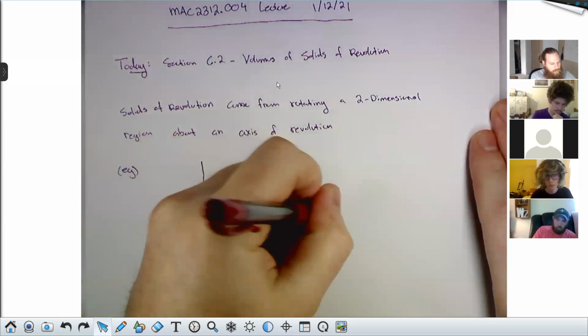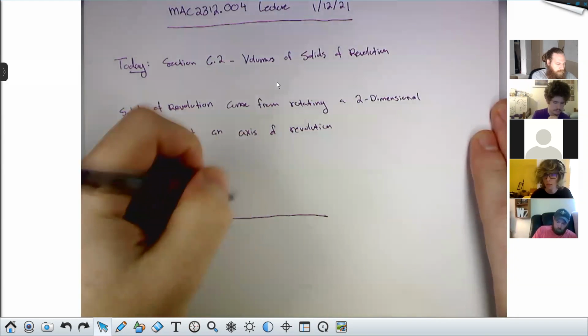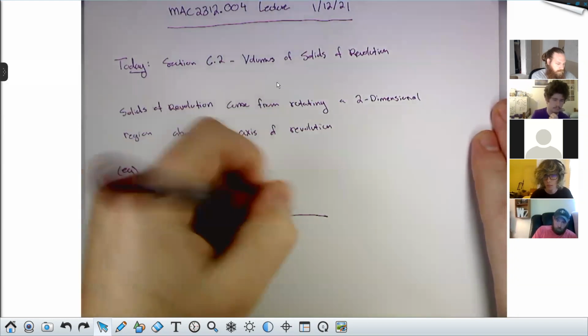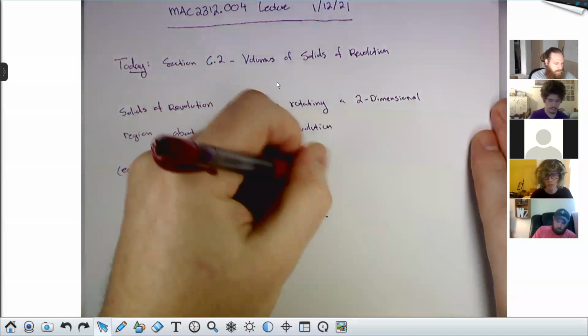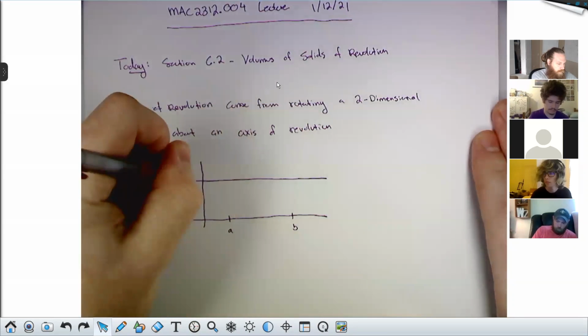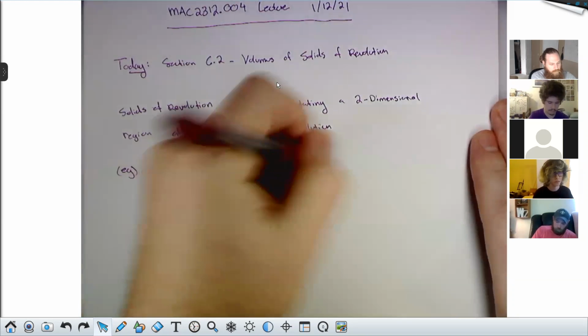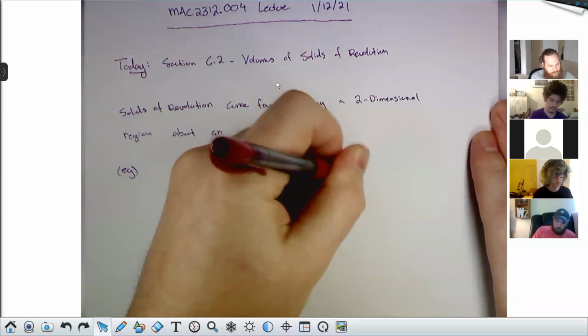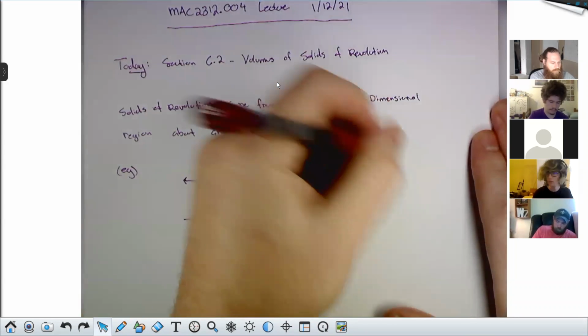Suppose I take a little rectangular region, call this A, call this B, and I have some constant function here. We'll call it f of x equals c. It's a constant function.